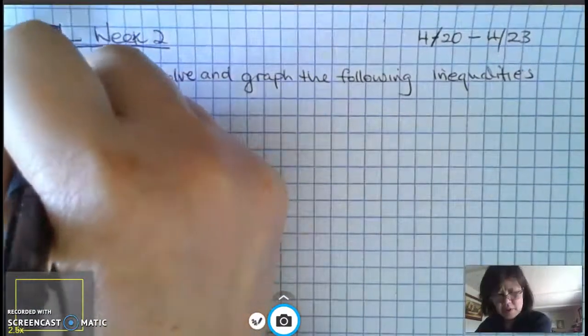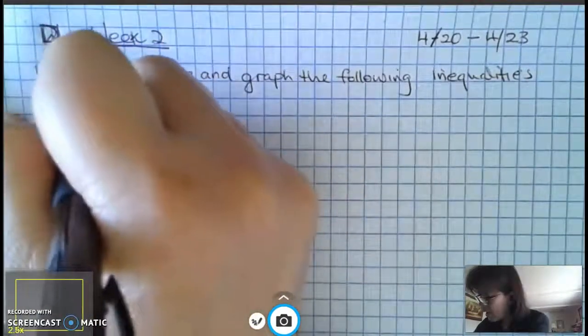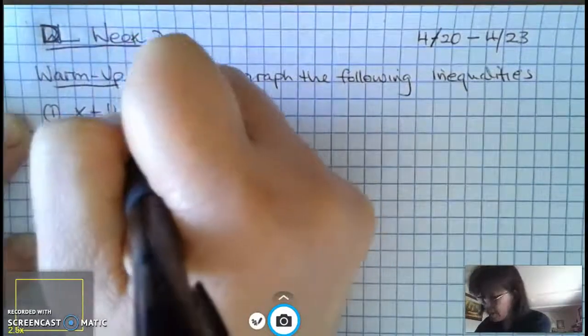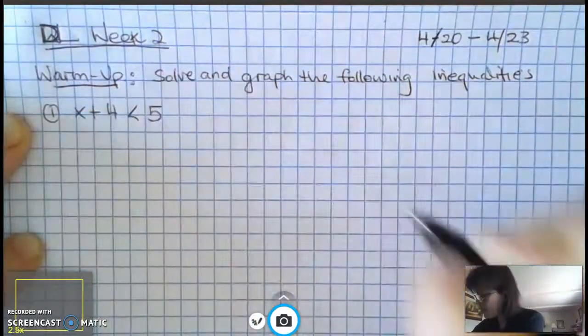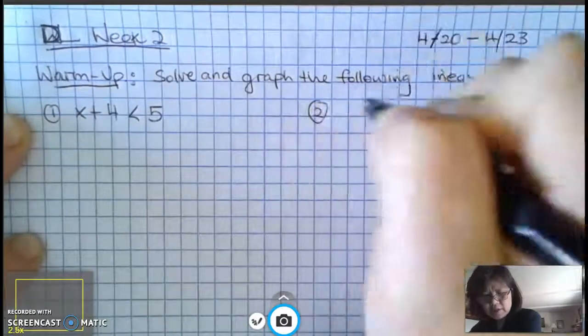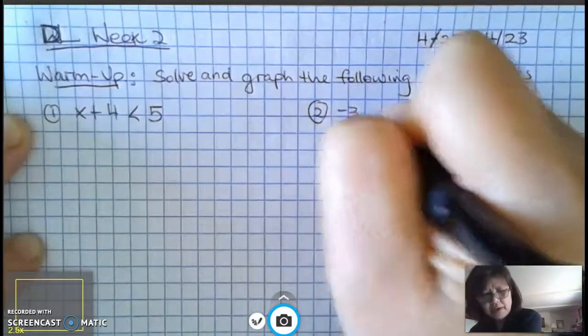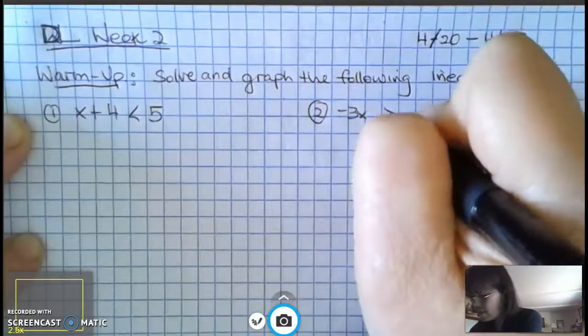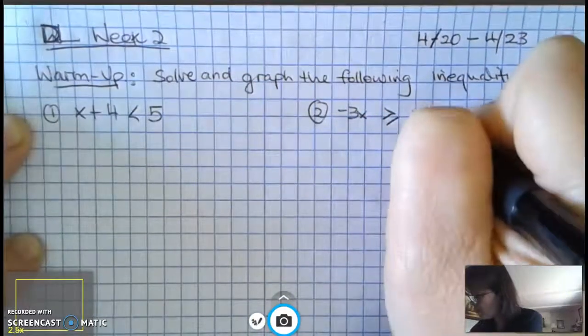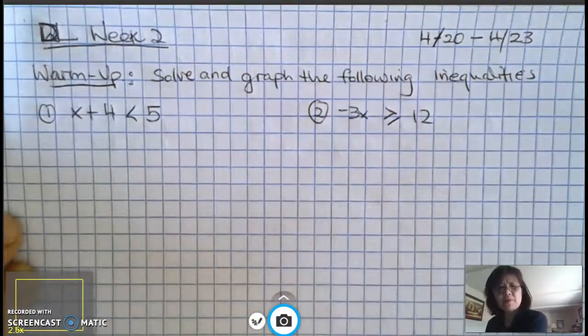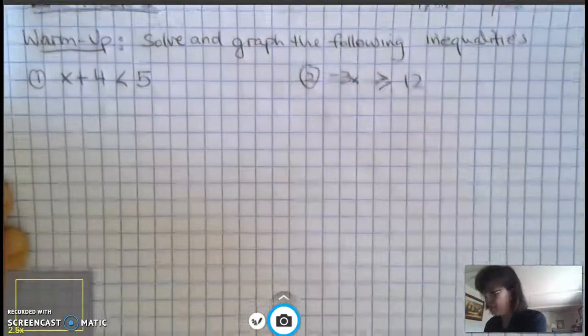The first question is, x plus 4 is less than 5. Second question is, negative 3x is greater than or equal to 12. So remember, you're supposed to solve it and graph them.